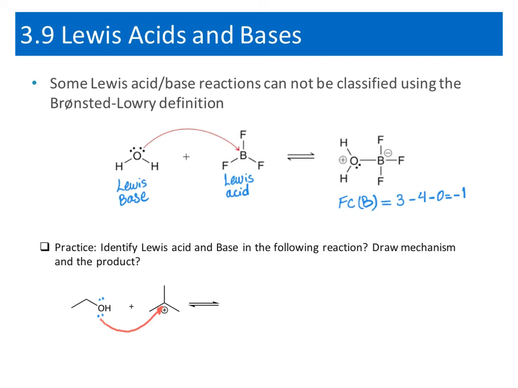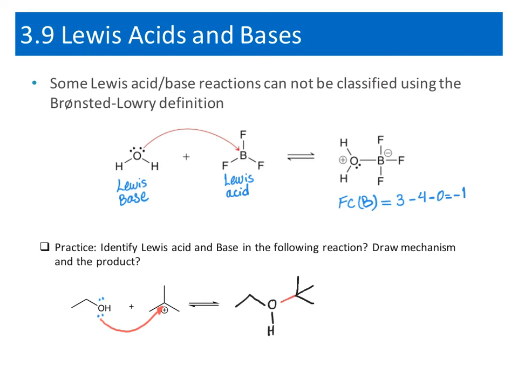Now to draw the product, remember oxygen, the hydrogen attached to it. This is the new bond, this bond right here. This is our new bond. And then we have our molecule.